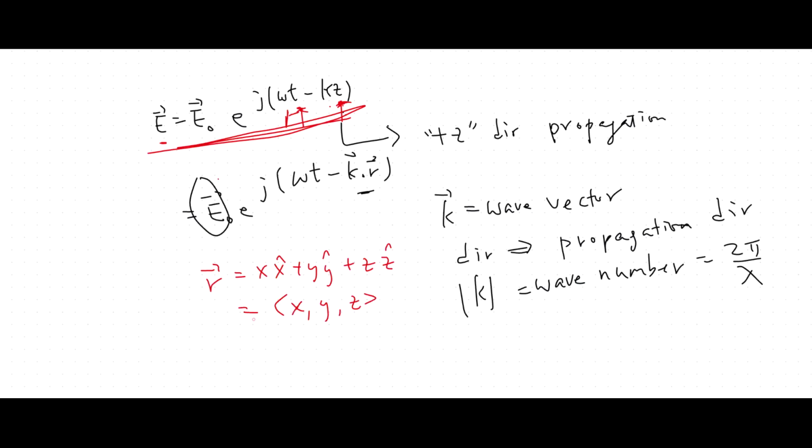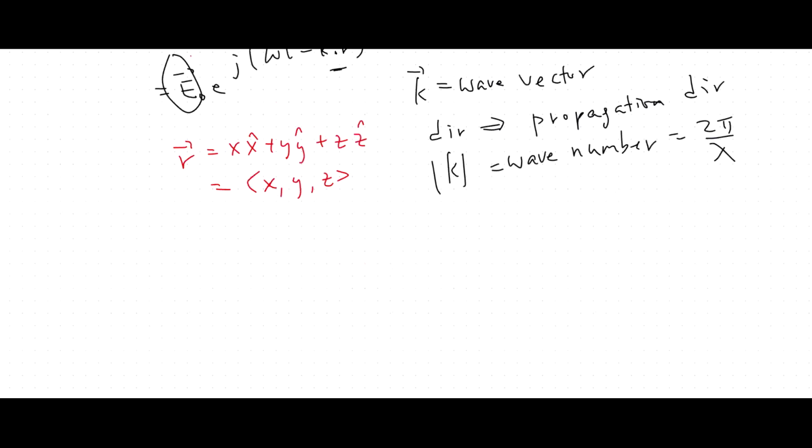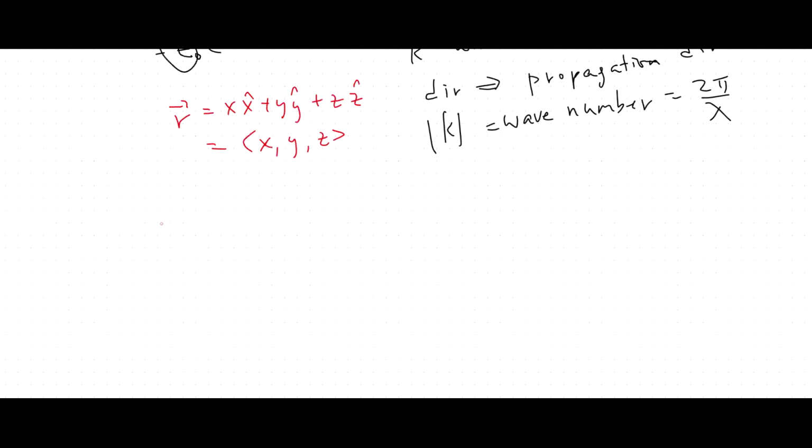Okay. All right. So what is k dot r though? Let's take a look. What does K dot R mean? K in general is a vector. It can have X component, Y component, Z component, right? So I'm going to call them Kx, Ky, Kz, just in general, any vector. Some of them can be zero, but in general, it's three components.